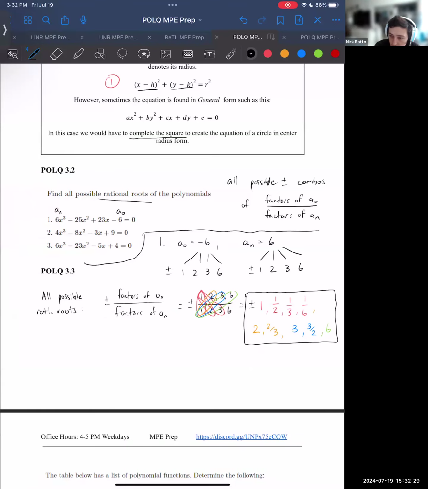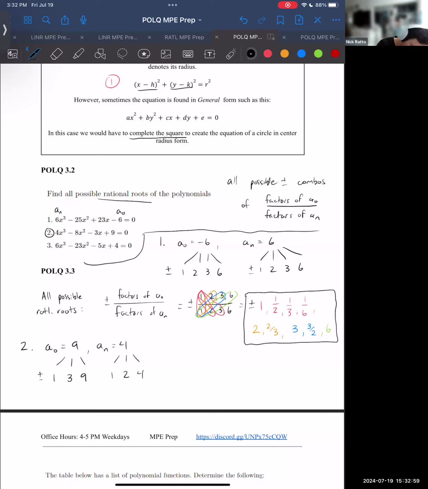I'll blitz through one more example. We'll do the second one now. So 2, where a sub 0 is 9, and a sub n is 4. 9 factors into 1, 3, and 9. 4 factors into 1, 2, and 4.